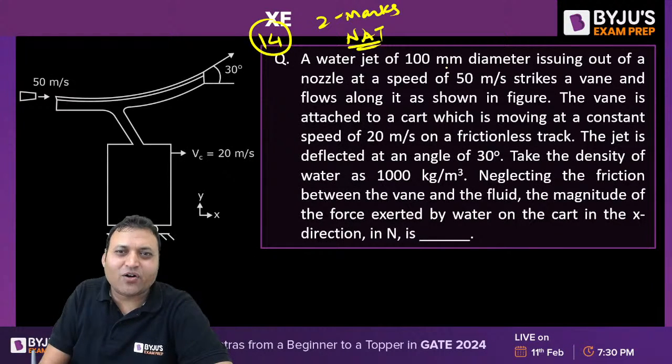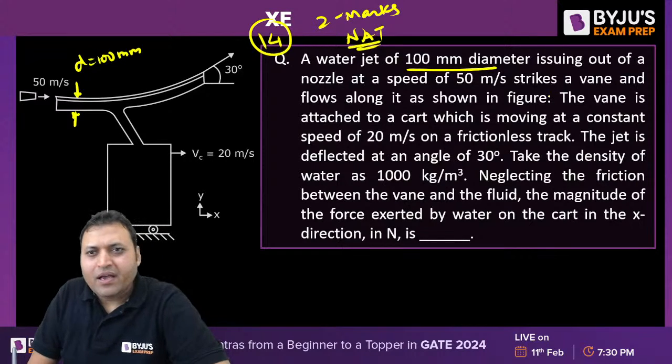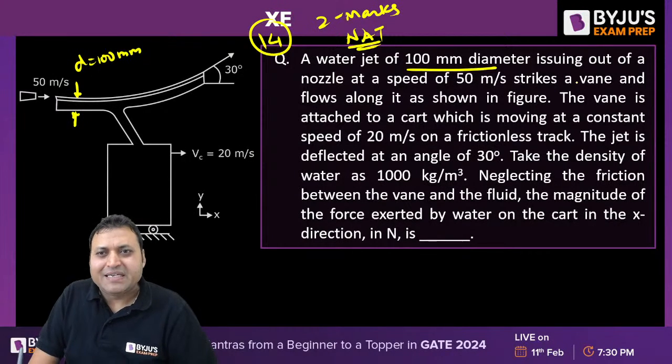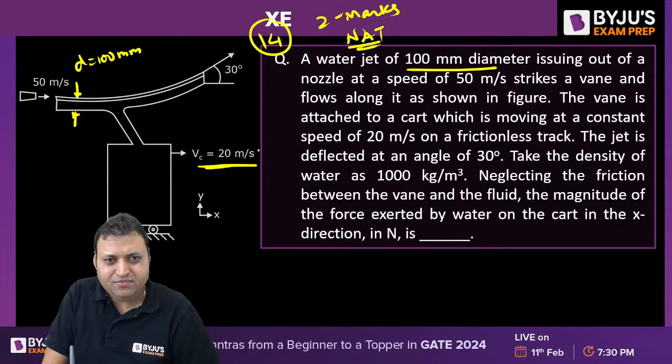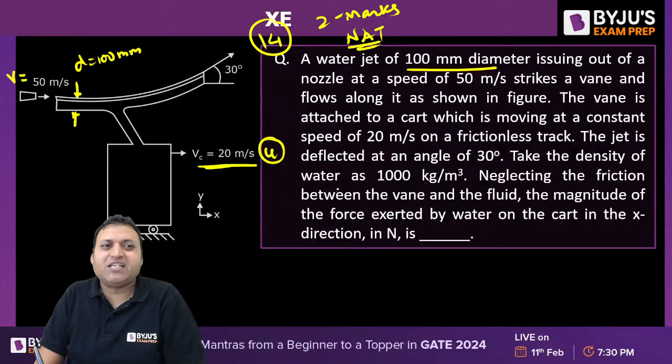A water jet of 100 mm diameter, this diameter is 100 mm, issuing out of a nozzle at a speed of 50 meters per second, strikes a vane and flows along it as shown in the figure. The vane is attached to a cart which is moving at a constant speed of 20 meters per second. That is U. Velocity of the jet is 50 meters per second.